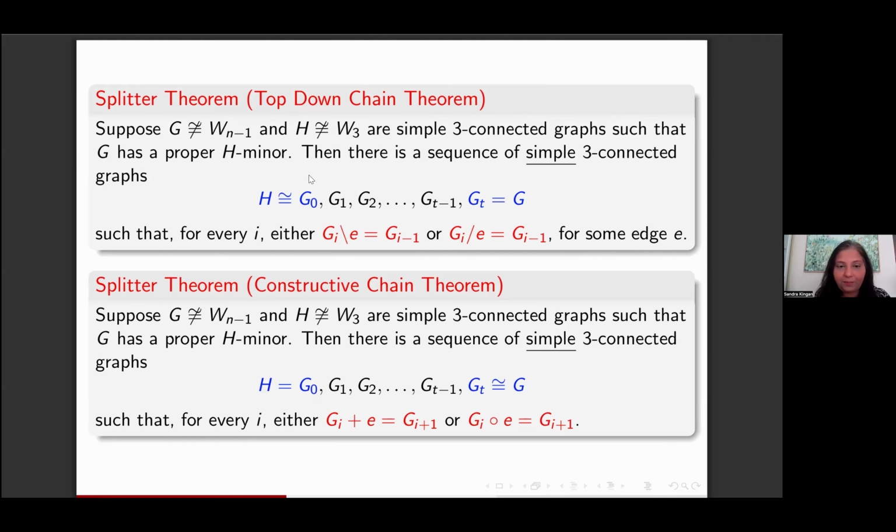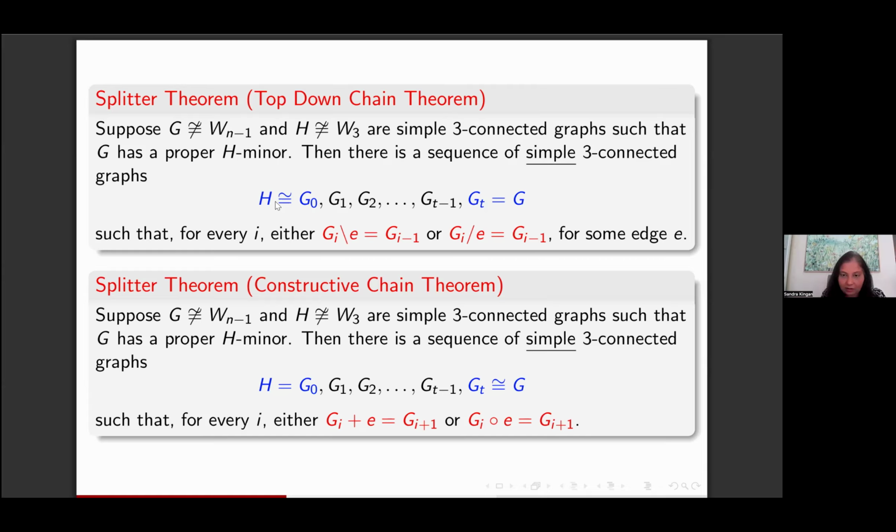So you have a graph G and you have a minor H, then from the top down you can go from G to H by deleting or contracting an edge and maintaining 3-connectivity throughout.